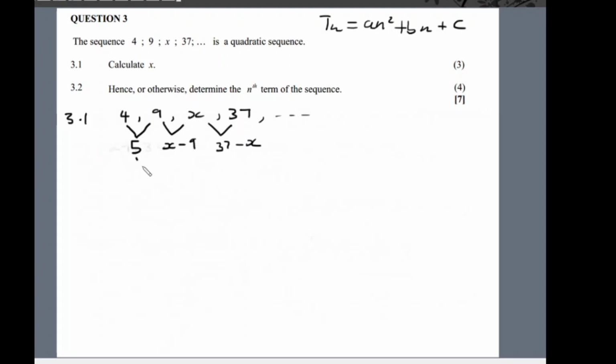And then the second difference is x minus 9 minus 5, that is x minus 14.